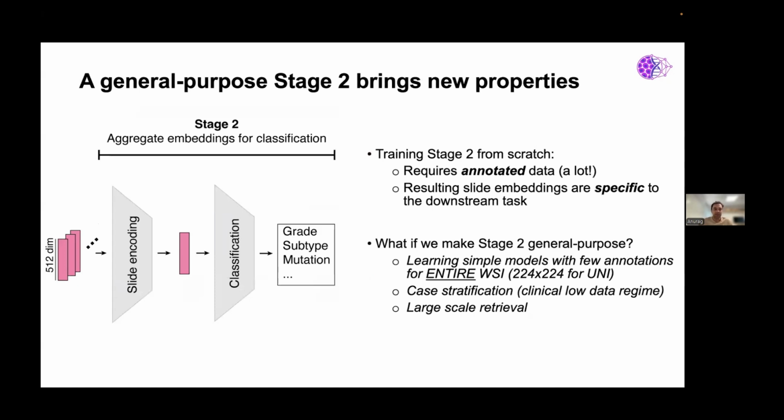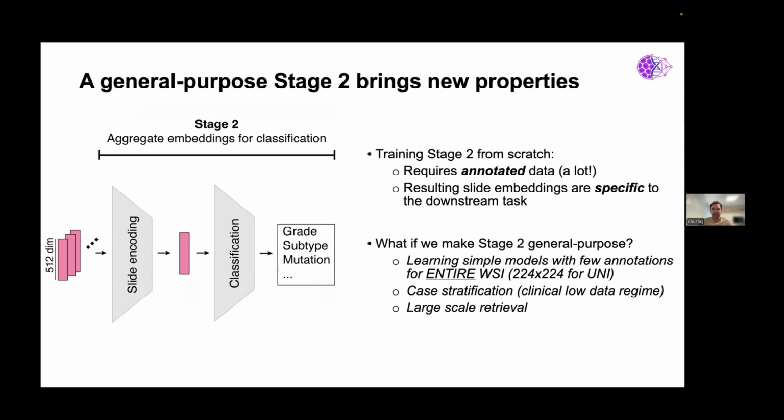But there are some inherent challenges with the current way that stage 2 is trained. Training of stage 2 requires a lot of annotated data. For example, one of the tasks, which is largely considered to be a very stable task in computational pathology, is the PANDA challenge, in which you grade the prostate biopsies. However, there are 10,000 samples in this data set, and it requires a very large amount of data to get stable performance.